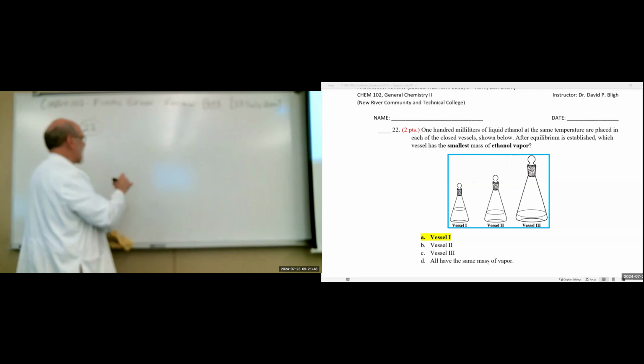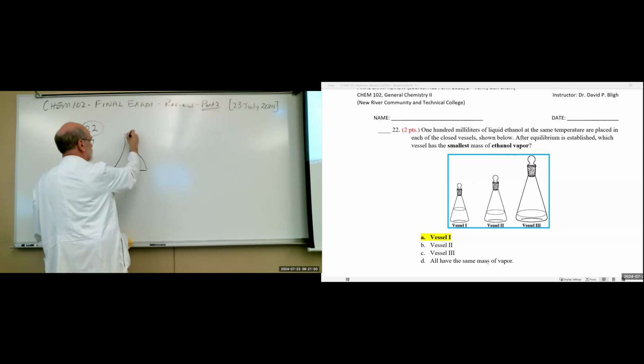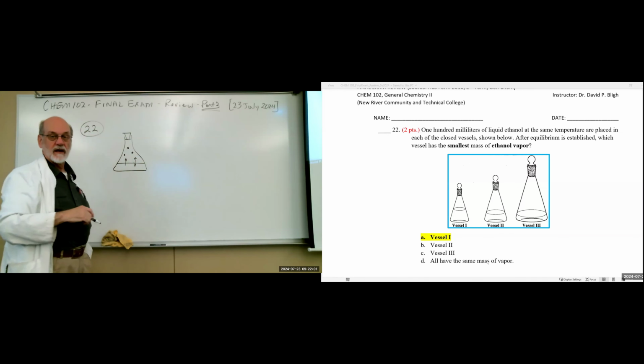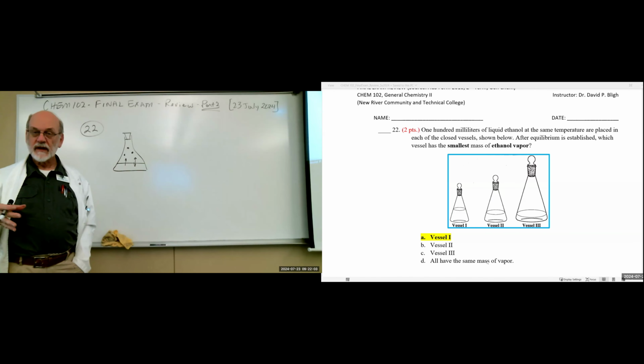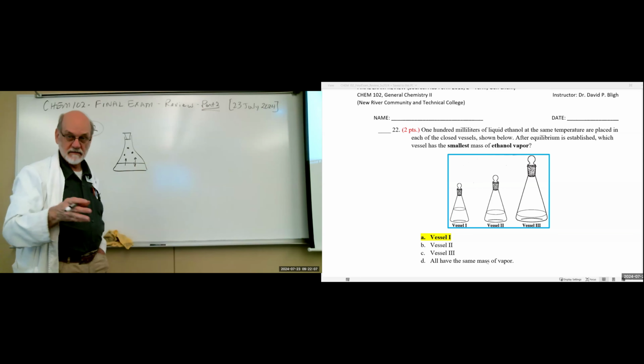If you consider what's happening in the vessel of any of these sizes, you have a certain volume here, and you have evaporation, and eventually you get enough molecules up here that they start returning. Once you reach equilibrium, and it's based upon concentration, right?